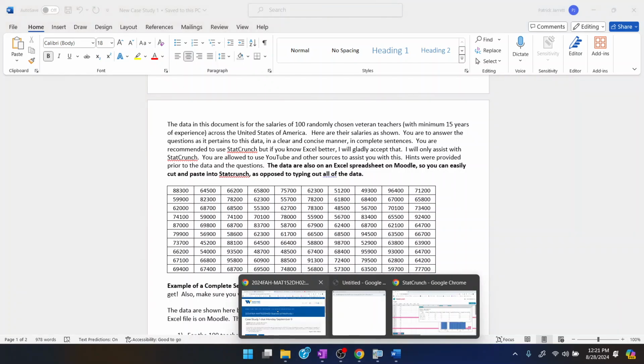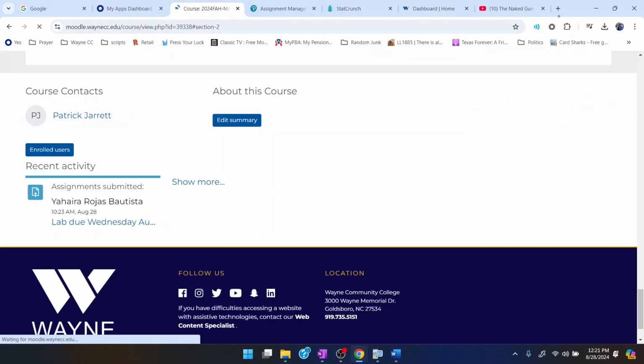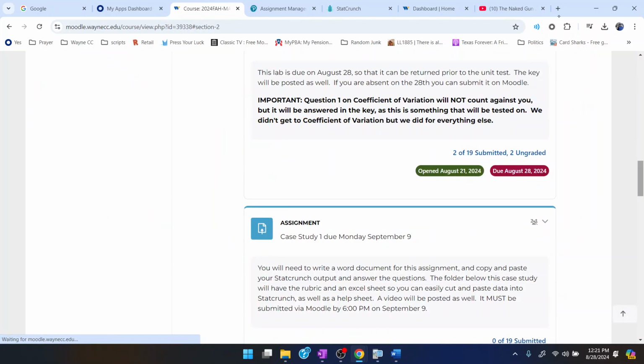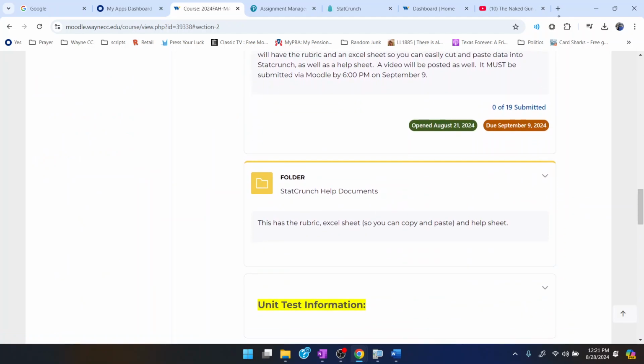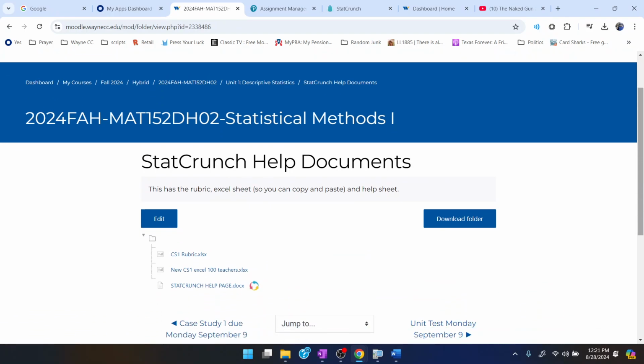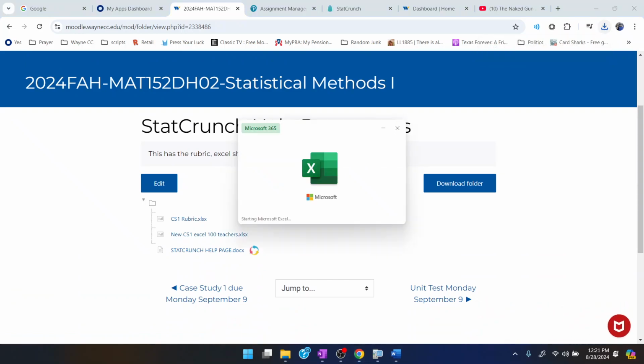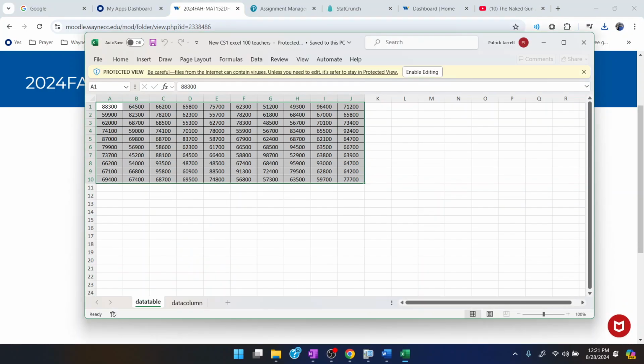Because here's why. If you go to the StatCrunch help documents, I have an Excel sheet of all 100 teachers and their salaries.